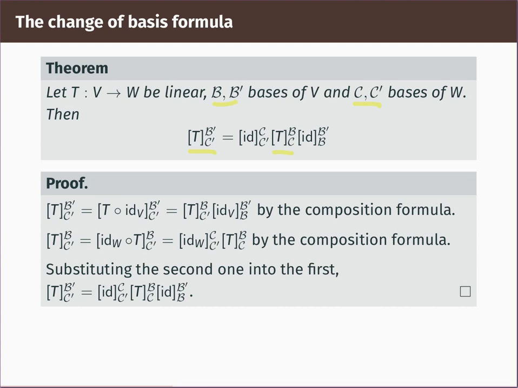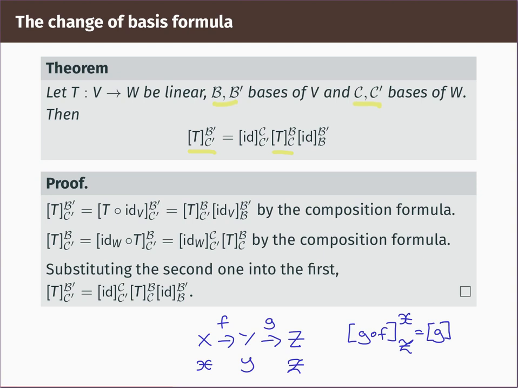The composition formula said that if you had linear maps, let's say from X to Y and from Y to Z, so let's say these linear maps are F and G, and if you had some bases which we'll call curly X, curly Y and curly Z of X, Y and Z respectively, then the matrix of G composed with F with respect to the initial basis curly X and final basis curly Z is equal to the matrix product of the matrix of G with respect to the initial basis curly Y and final basis curly Z, and the matrix of F with respect to the initial basis curly X and final basis curly Y.